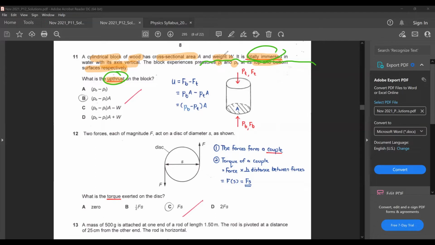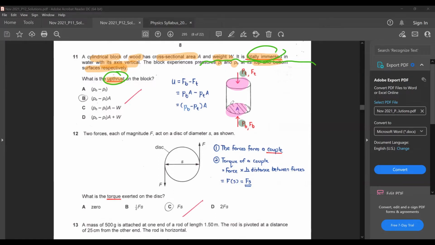So as I mentioned to you before during the derivation of upthrust, the top surface and bottom surface would experience pressure because pressure acts on all sides, right? So the top and bottom will have pressure. The top surface will have pressure PT, the bottom surface will have pressure PB.